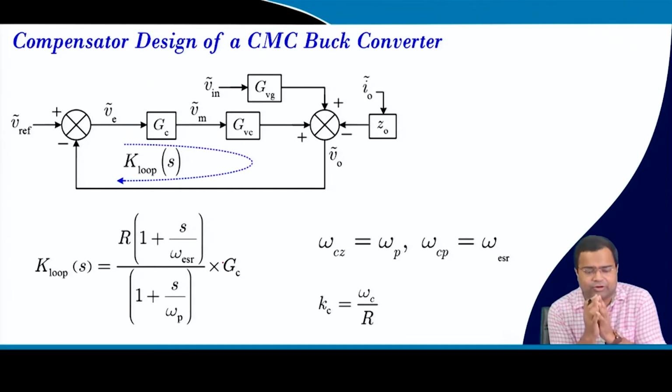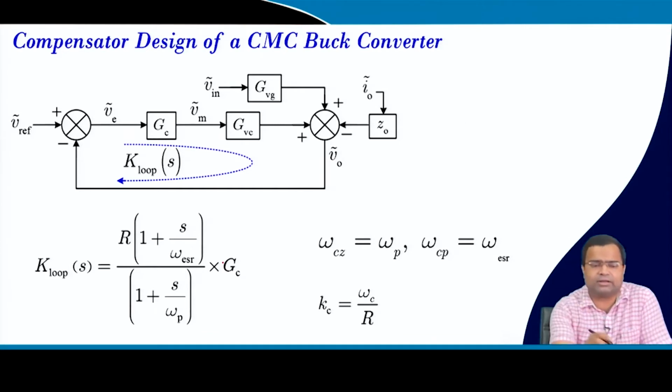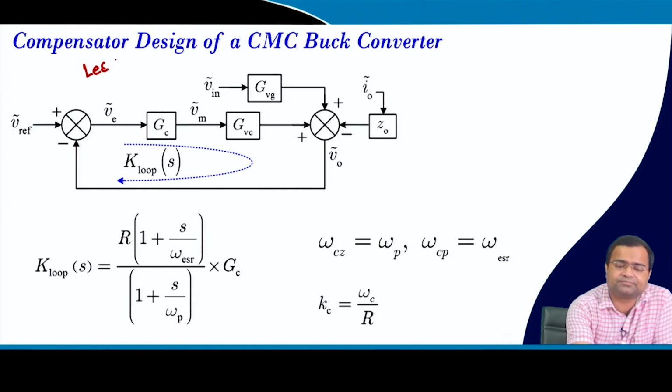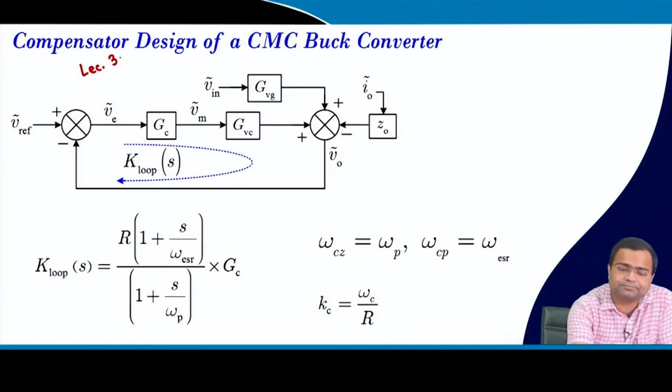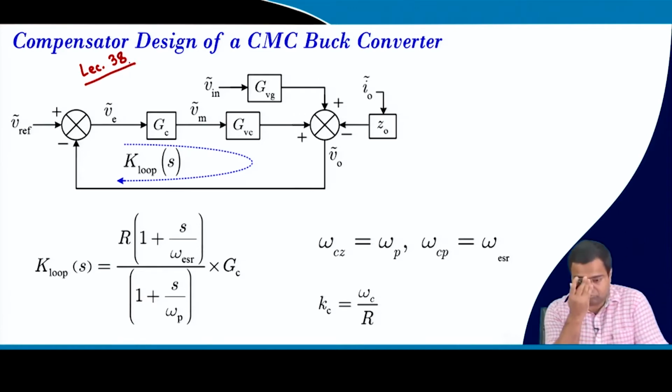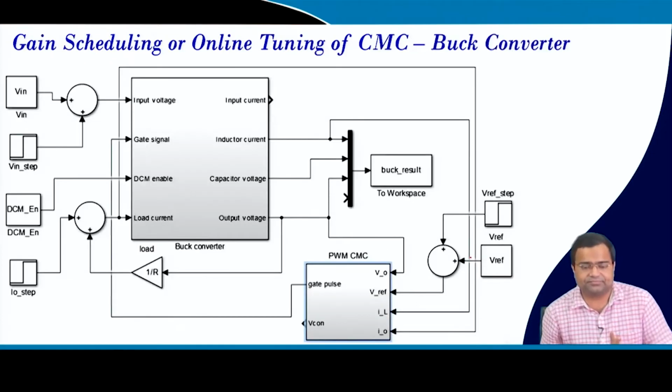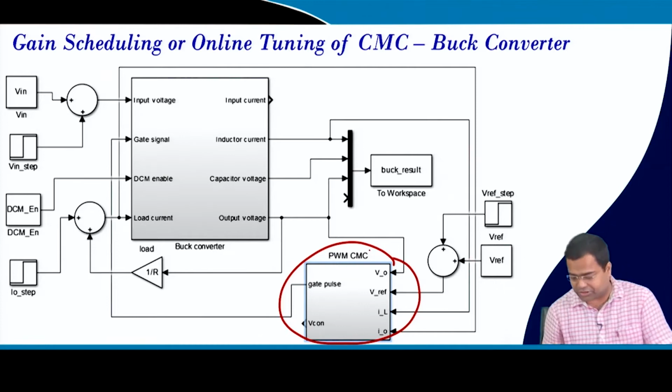First, if we take current mode control, this is standard as I told. If you go to lecture number 30, I think up to current mode control 38, how to place poles and all these things we have discussed. So, I am not going to discuss here. Then we know how to implement current mode control. This we have discussed multiple times, and this is my current mode control structure.